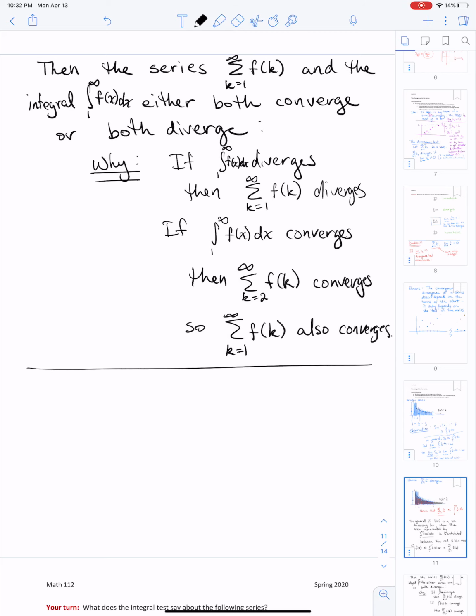The statement in your book, as I'm going to write it down here, I'll just discuss what's different from what I've said. So let f be a function, let's say a decreasing positive function.